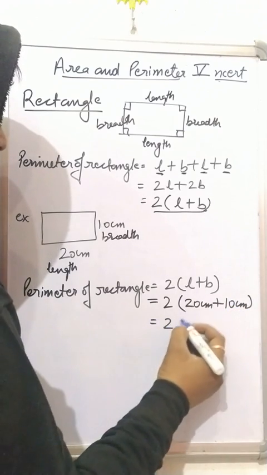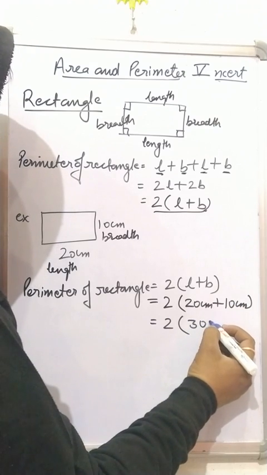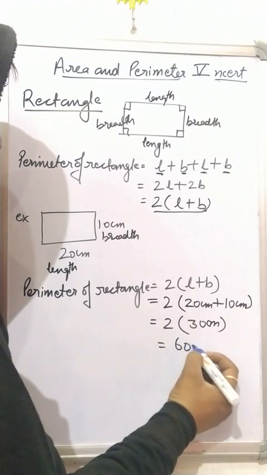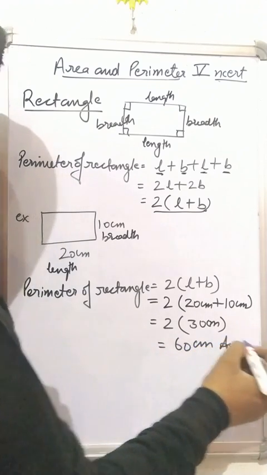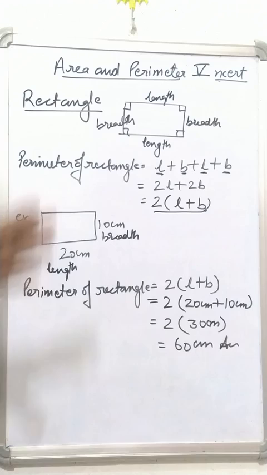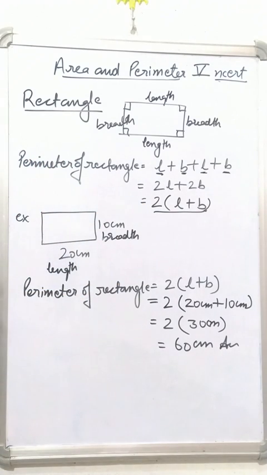Now 20 plus 10, we know that 30 centimeter. Is that clear? Now 30 twos are 60 centimeter is your answer. Is that clear? I think from this example you understood well. So this is the formula of perimeter of rectangle, and we can use this formula in the given question. Is that clear?